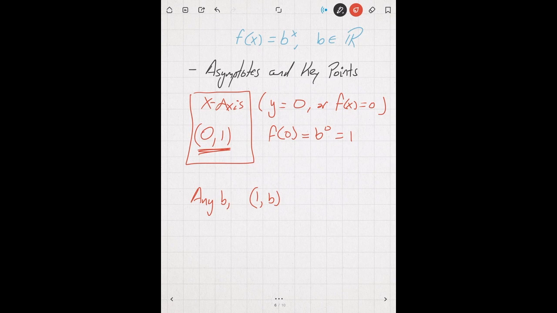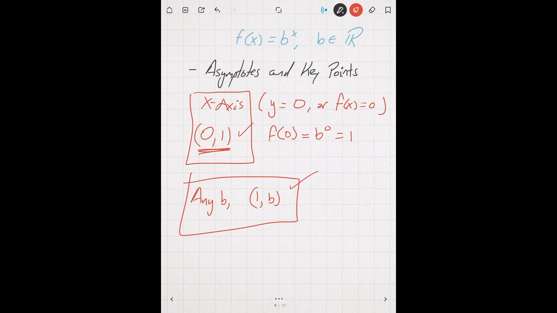You might be able to argue something about when you have negative 1, you would end up with b to the negative 1 power, but we don't need that necessarily. We know what the intercept is, and we'll know a specific point. So these are some key points that we should know: the intercept for every exponential, and a point for specific b values.